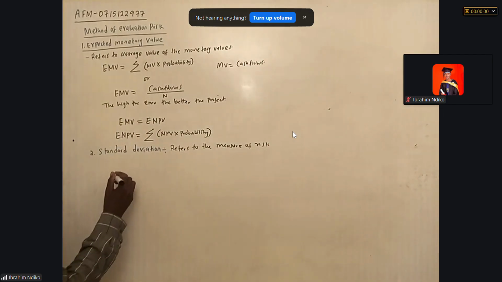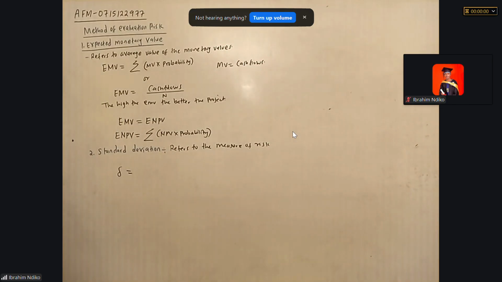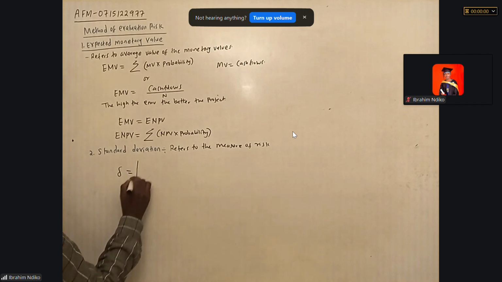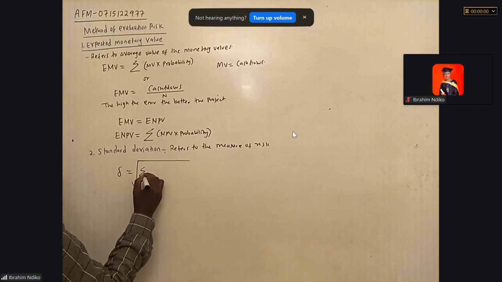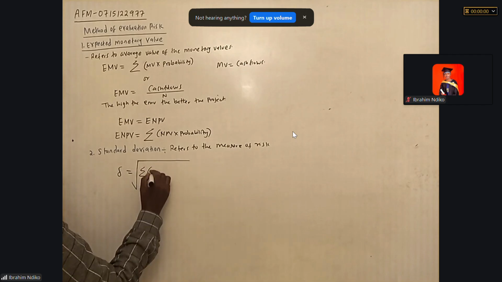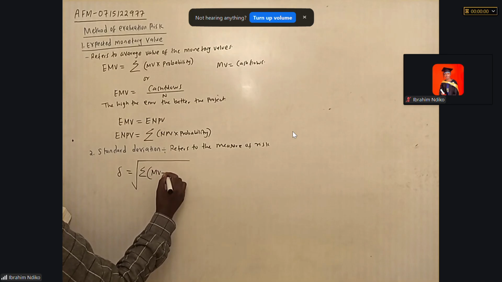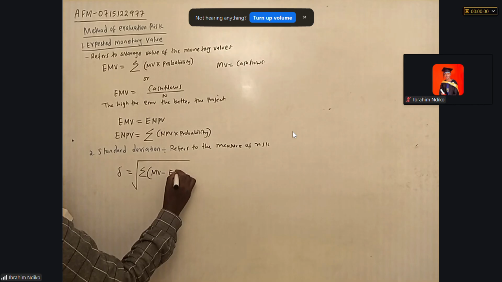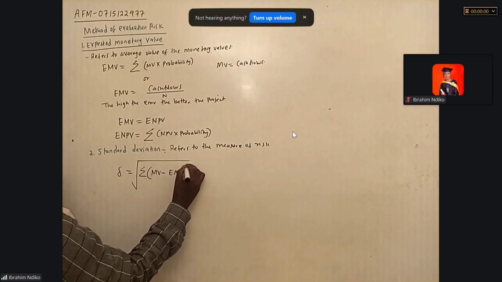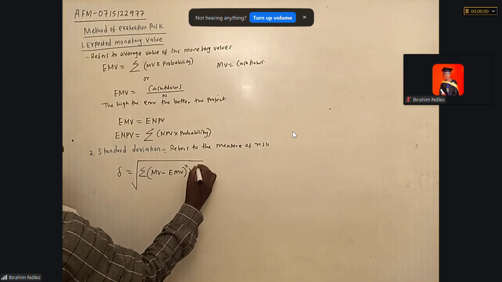And this is how you get the standard deviation. Standard deviation is equal to what? Square root of the summation of monetary value minus expected monetary value squared, times probability.